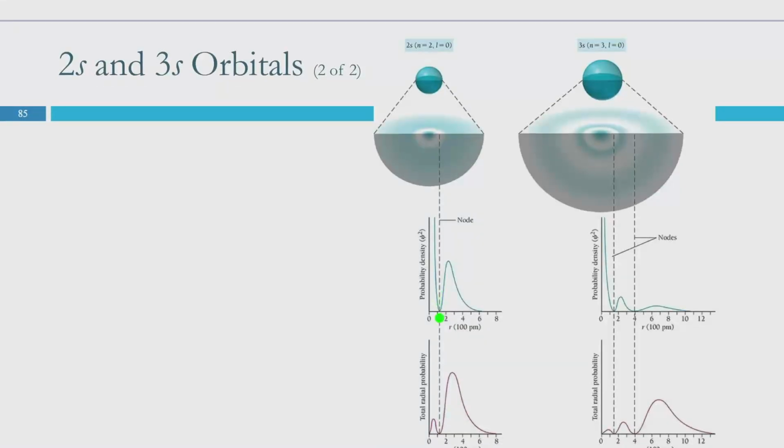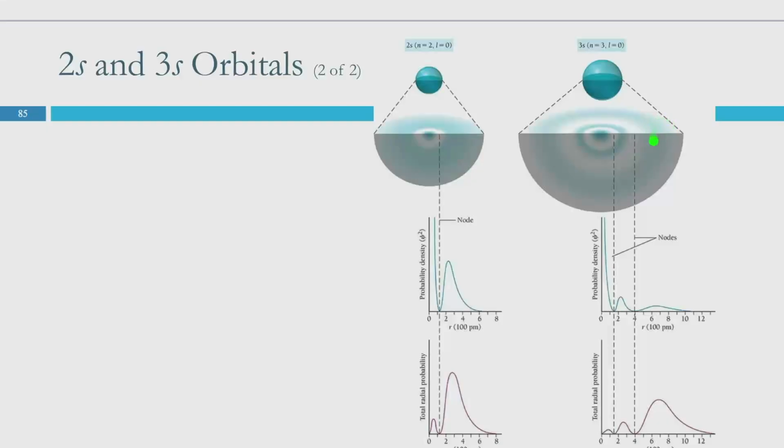So our probability density is 0, our total radial probability is also 0, and our likeliest spot is just outside of that by a little bit. If we go to n equals 3, we've now got 2 nodes, so there's no chance of finding the electron at either of those zones.